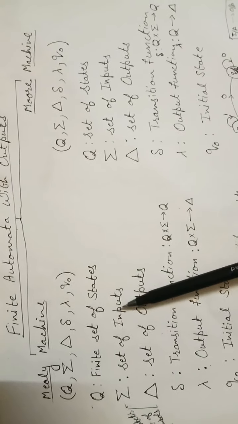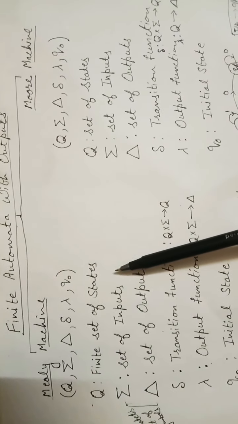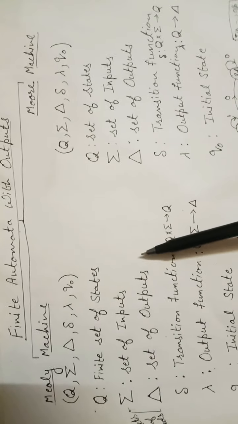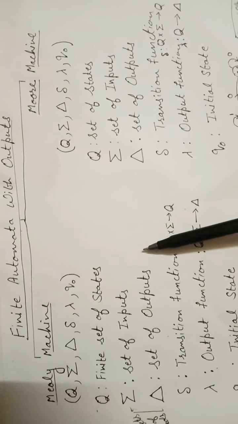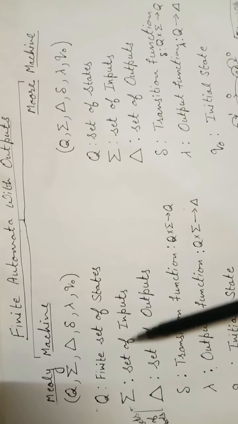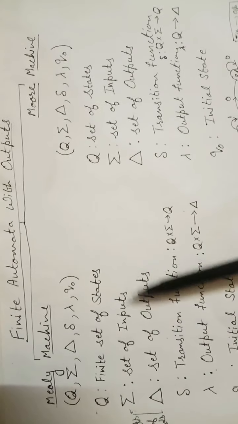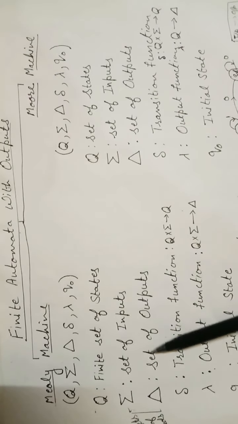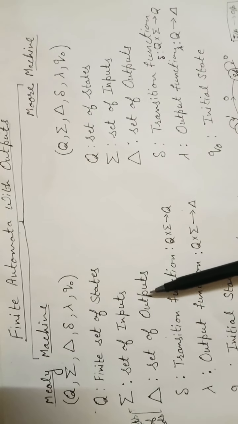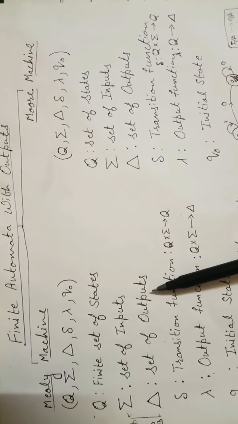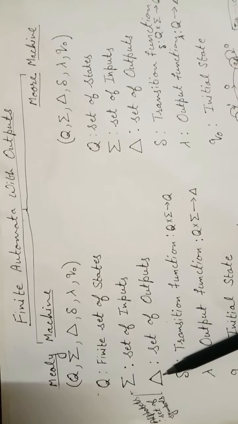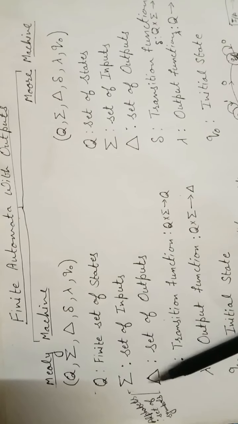Set of inputs means like binary numbers 0, 1, and you may write Roman A, B, C. These are called symbols. So sigma, the set of inputs, means a set of symbols. They may be binary, they may be Roman. Set of outputs is again a set of symbols. They may be again binary or Roman. And sigma and delta both are called alphabets.